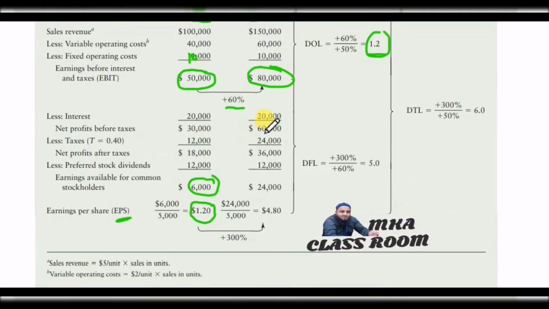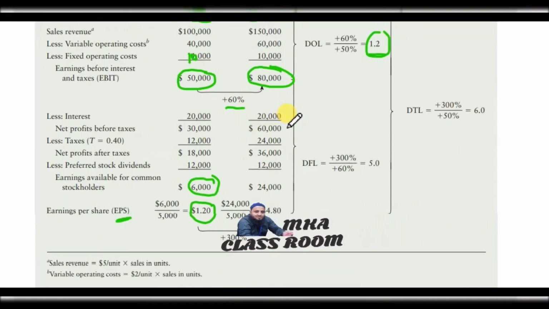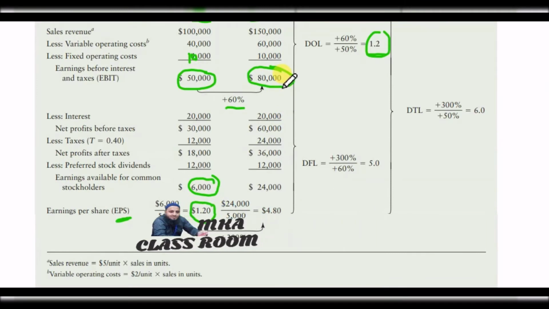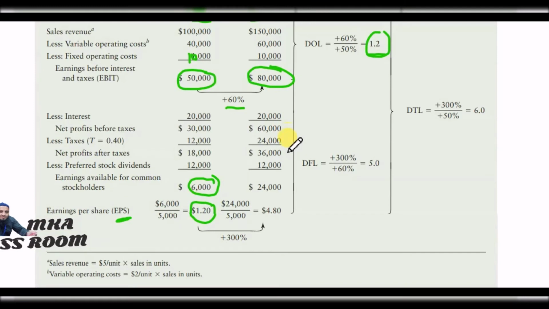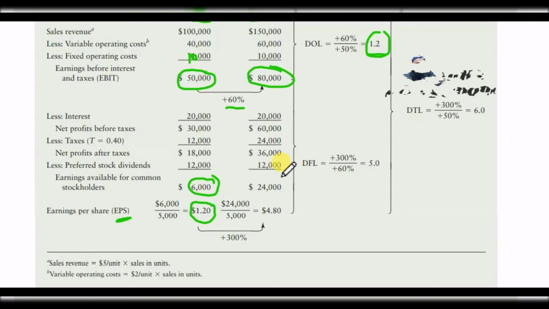In the same way, interest 20,000 deducted from EBIT, tax 24,000, preferred stock 12,000.